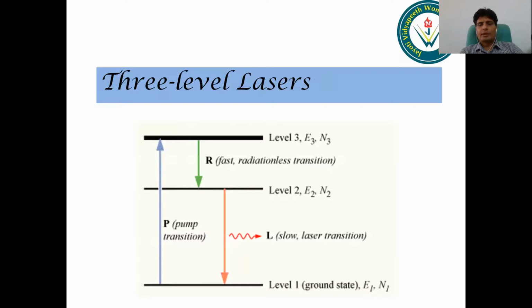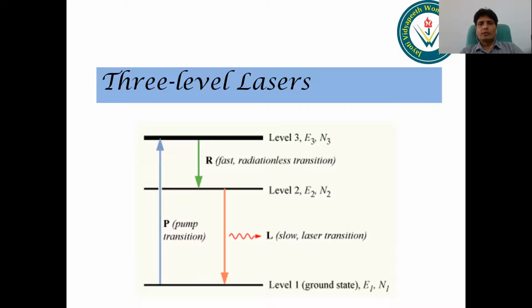At any absolute temperature T Kelvin, the number of atoms in energy states E1 and E2 are given by N1 equals N0 times e raised to the power minus E1 upon KT, and N2 equals N0 into e raised to the power minus E2 upon KT, where K is Boltzmann's constant and N1 and N2 are the number of atoms in energy states E1 and E2 respectively.